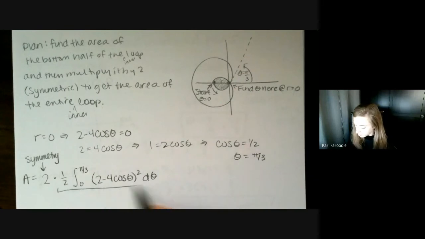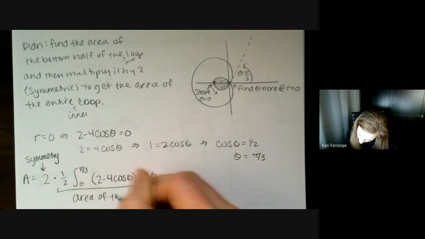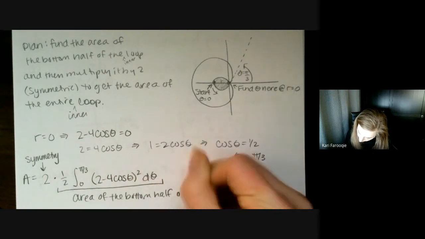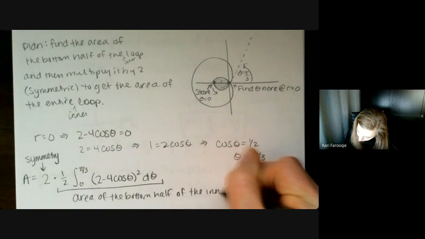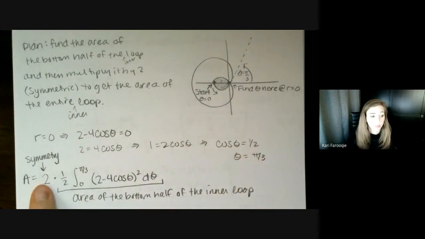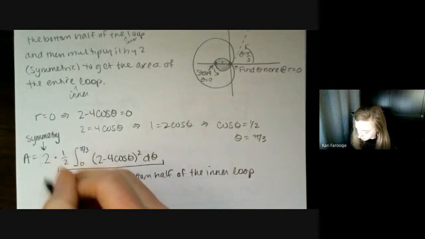So now remember that this is just the area of the bottom half of the inner loop. And we're multiplying it by 2 to get the area of the whole inner loop.